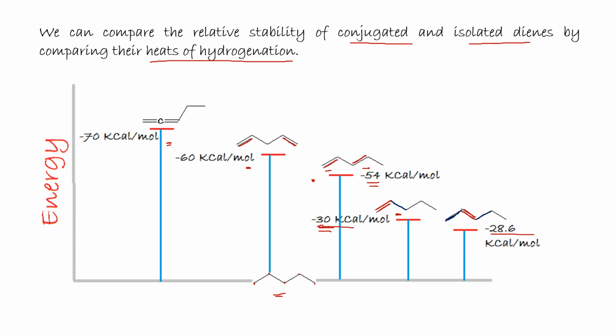For the 1,2-diene, this molecule releases 70 kilocalorie per mole, which means that it's less stable than the sum of 2 double bonds.